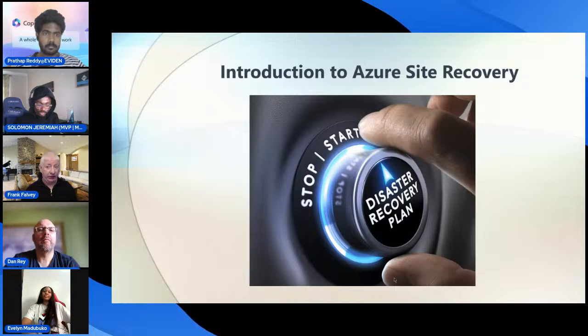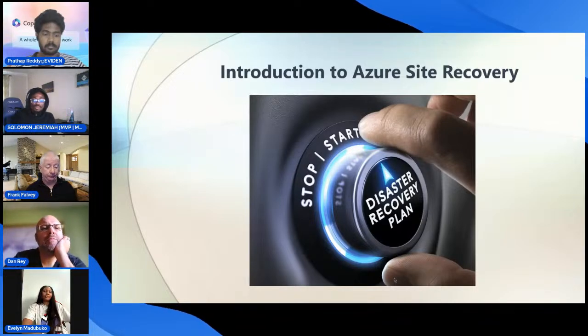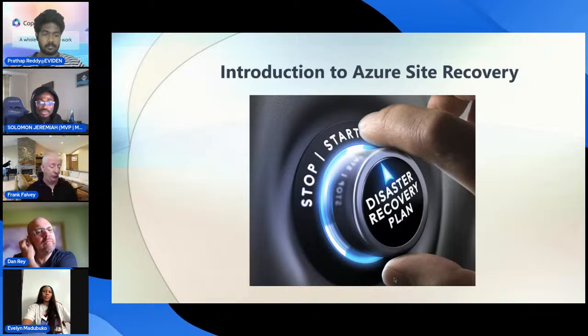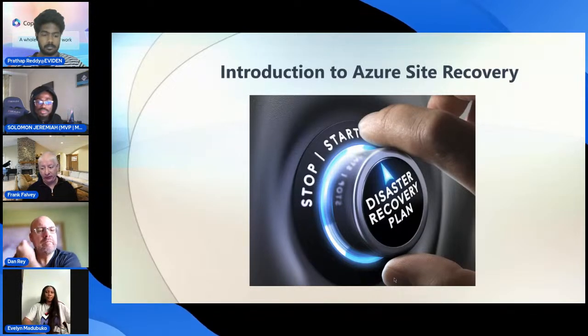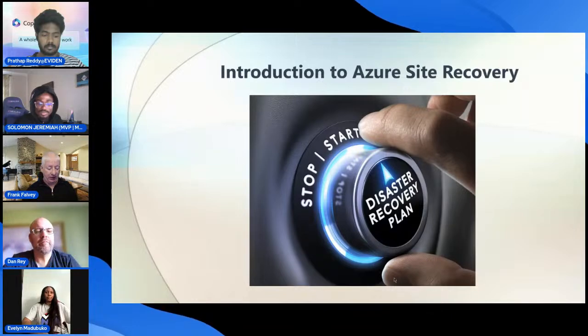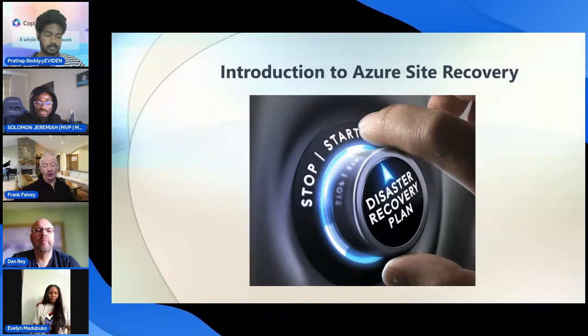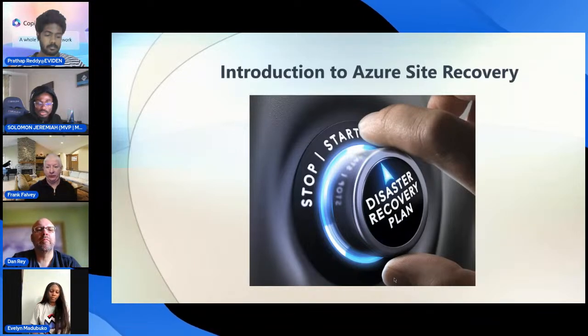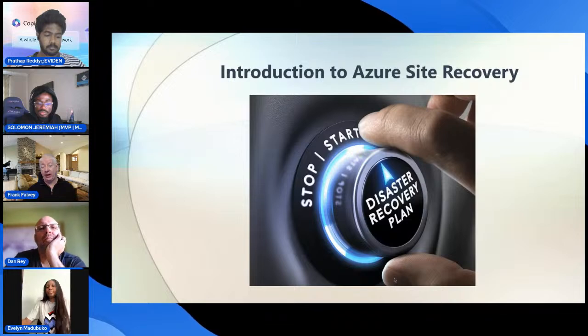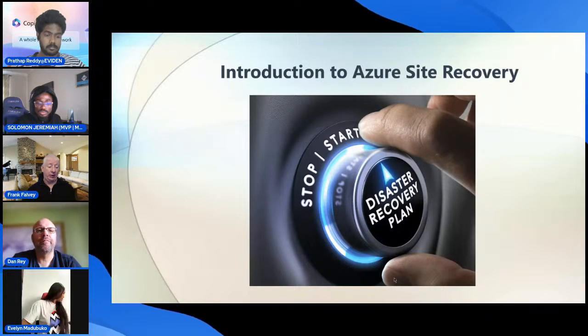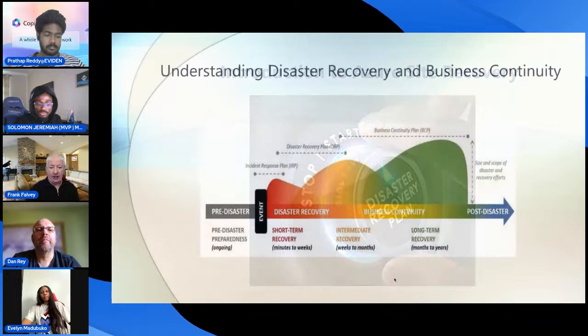So Azure is actually a good thing to have, because say you had your on premises and a natural disaster like a flood or something like that, and all your servers got destroyed, at least with Azure Site Recovery, you've got it all in the cloud. So when you get your on premises back up again, you can just fail it over again from Azure Site Recovery. Or you can use Azure Site Recovery as your primary while your on premises is getting back up and going. So that's having the plan.